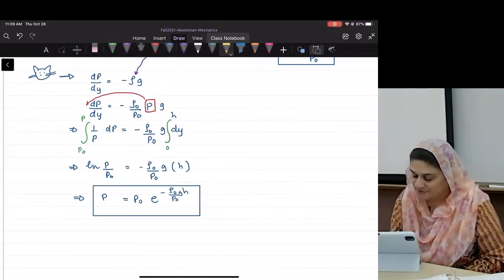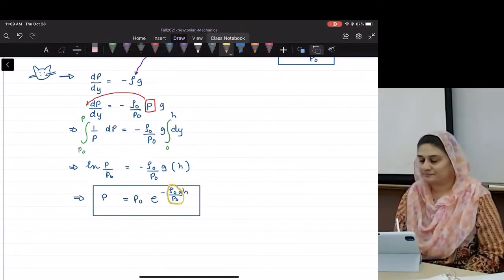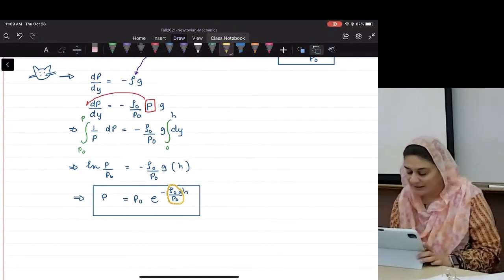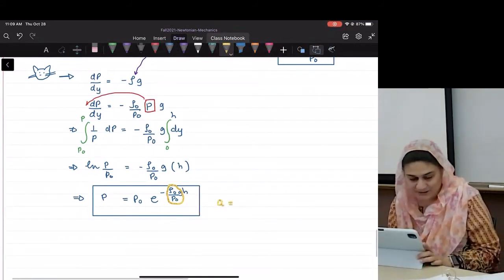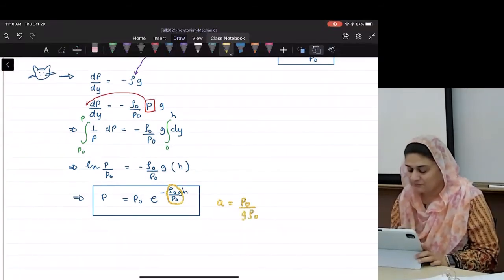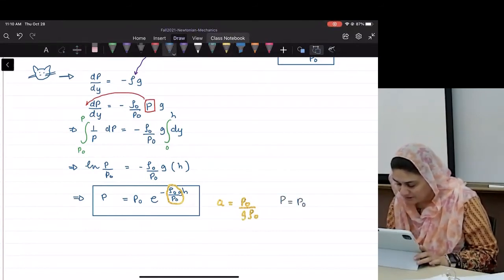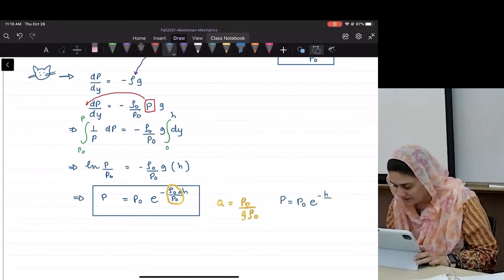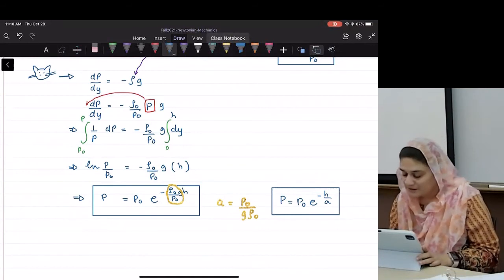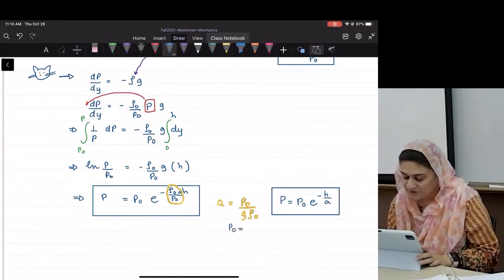And sometimes all of this is written together, and we write it as A equals P0 over g rho 0 to give us this expression as P equals P0 e to the minus H over A. Because P0 is always 1.01 times 10 to the 5 Pascal.